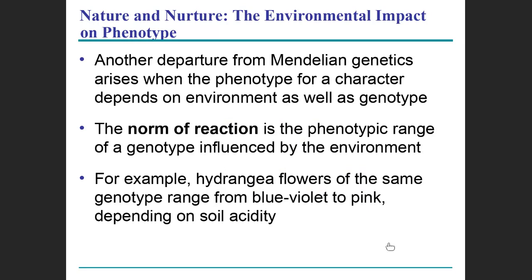Now, another departure from Mendelian genetics, so again, something that Mendel could not predict from his peas, is how the environment can affect, right, the phenotype. So the norm of reaction is the phenotypic range of a genotype influenced by the environment. An example, hydrangea flowers, which most of you probably don't know what hydrangeas look like, but it's an old-fashioned kind of flower.